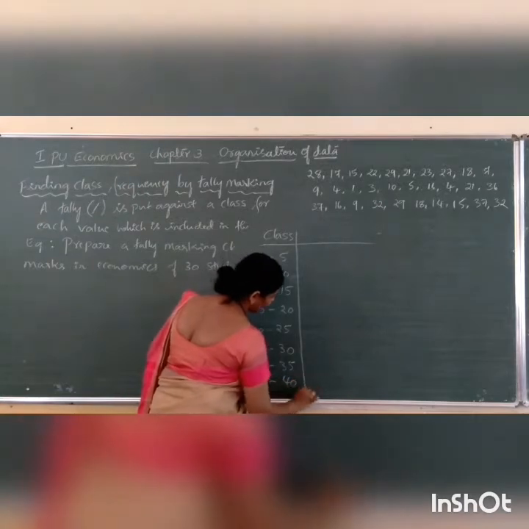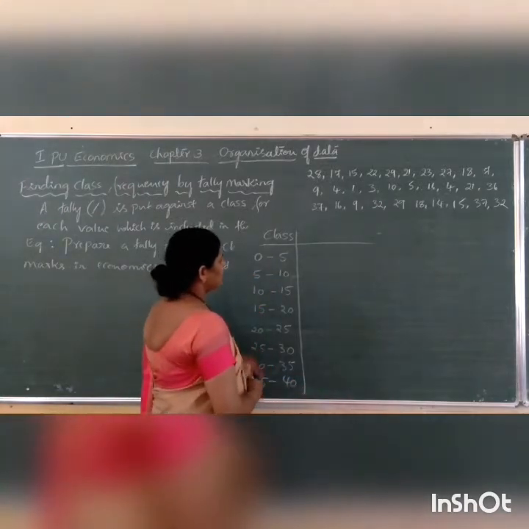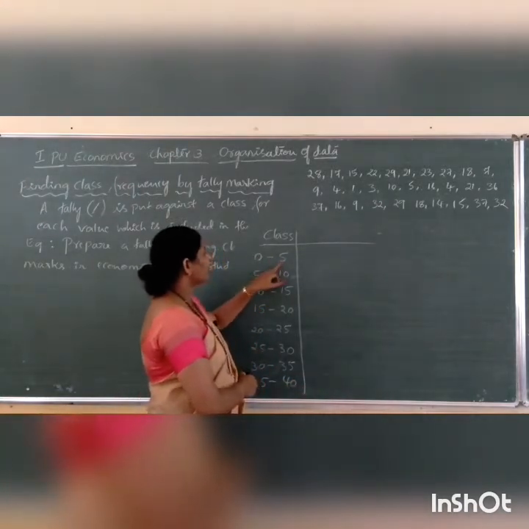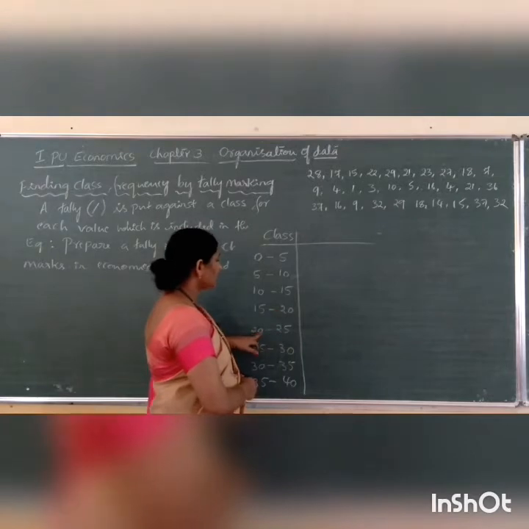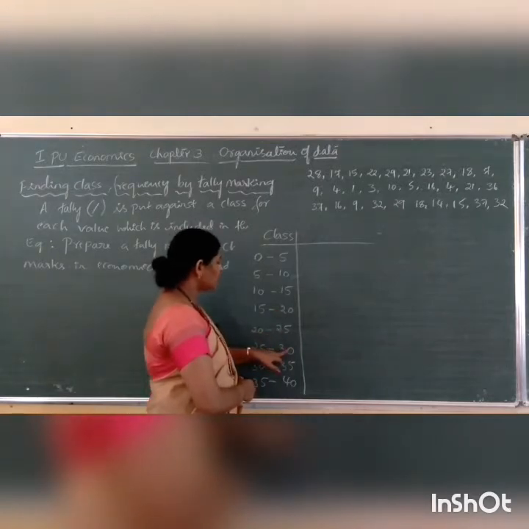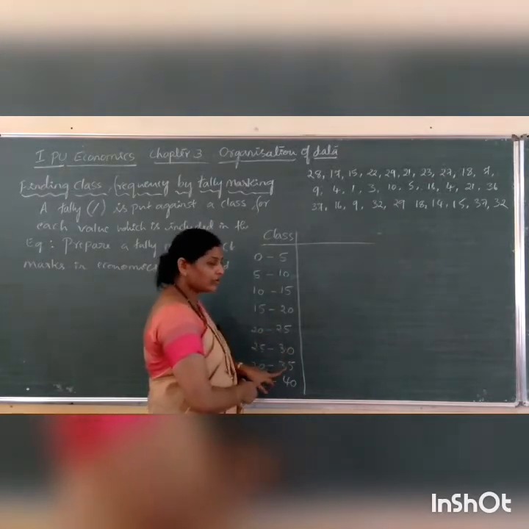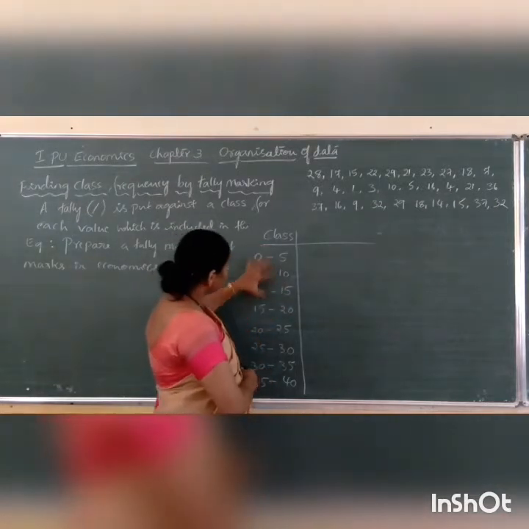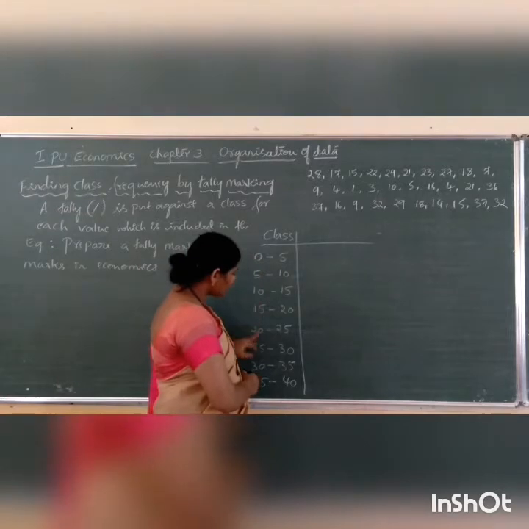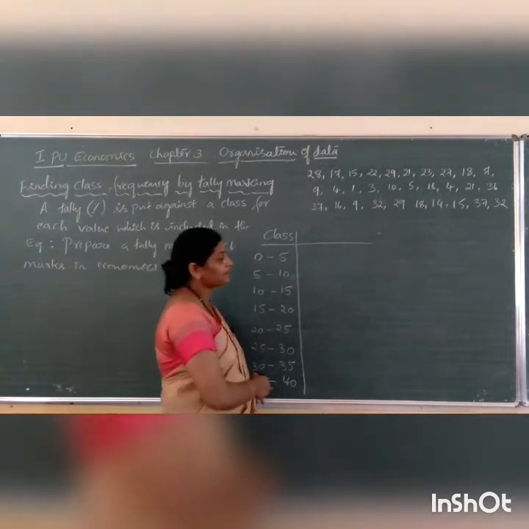In this way we can make the classes. How many classes did we make? 1, 2, 3, 4, 5, 6, 7, 8 classes.